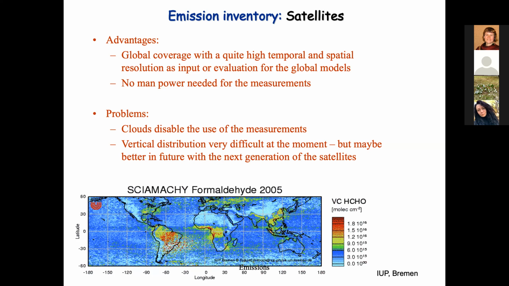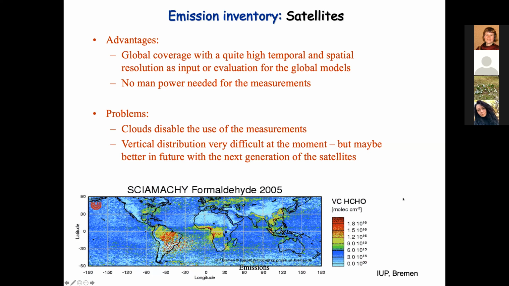So here's a picture from 2005, and I'm really not a satellite person and not up to date on how good they are now, but this is formaldehyde in 2005, and of course you always have the whole column. There's no vertical resolution, it's just the whole column, how much formaldehyde you have at this point.